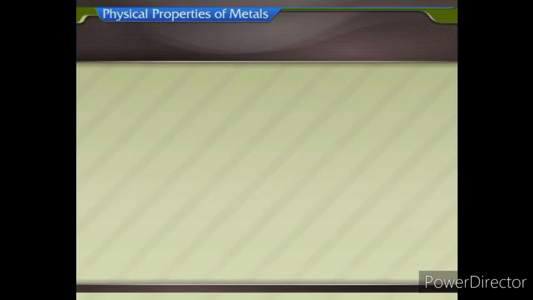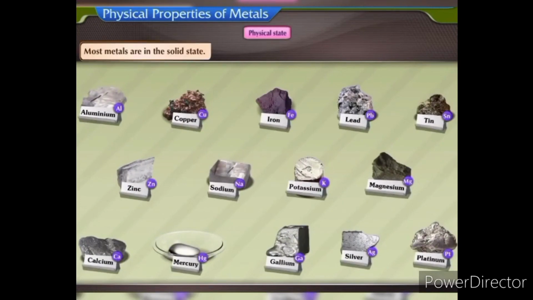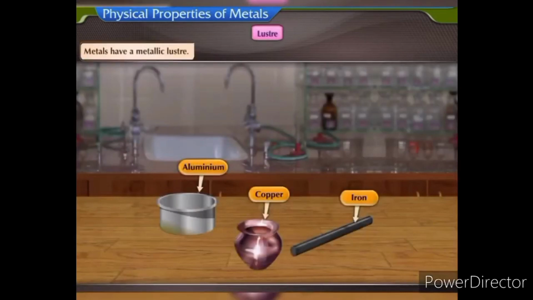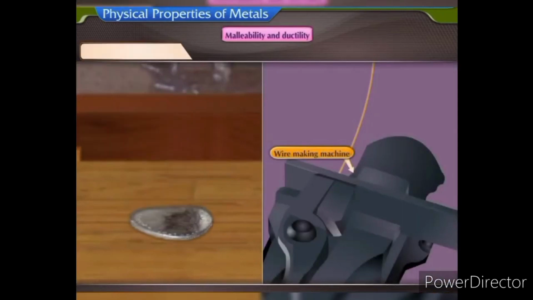Now, let us summarize the physical properties of metals. Physical state. Most metals are in the solid state. Exceptions are mercury and gallium, which are in the liquid state. Luster. Metals have a metallic luster. Malleability and ductility. Metals are malleable and ductile.